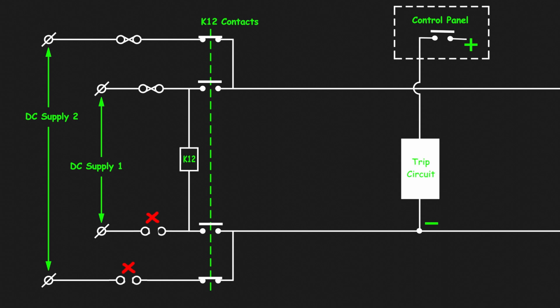To overcome this difficulty, manufacturers normally do not provide a fuse in the negative path. Instead, they provide a link so that for maintenance purposes, the link can be removed to isolate the DC supply from the source. That is the only purpose of the links in the negative path, isolating the negative path for maintenance purposes.